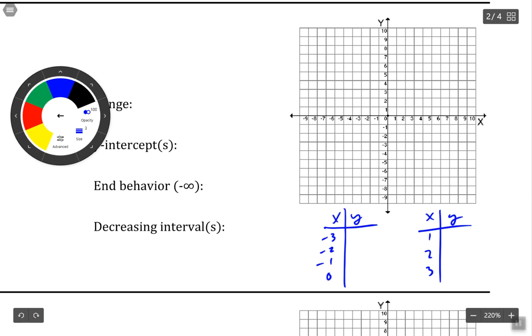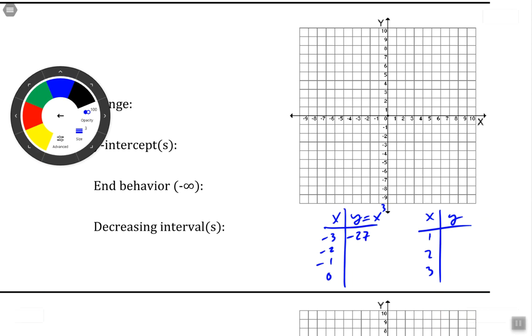Okay, so -3 cubed means it's -3 times -3 times -3. What's -3 times -3? Times -3, -27. This is equal to x cubed. That means I'm taking the square and I'm multiplying another negative to it. So all the squares are going to give you a positive number, right?